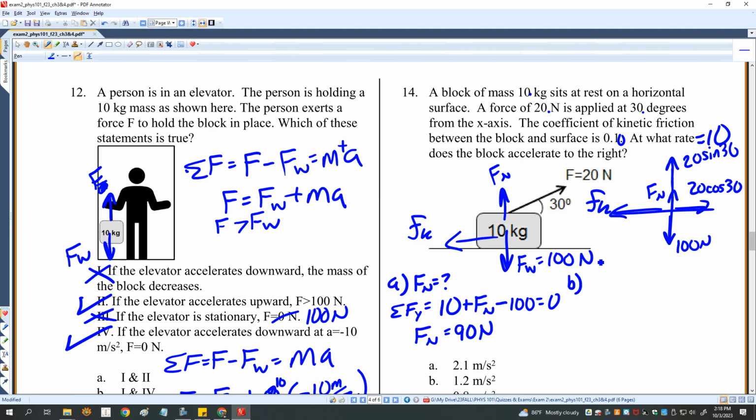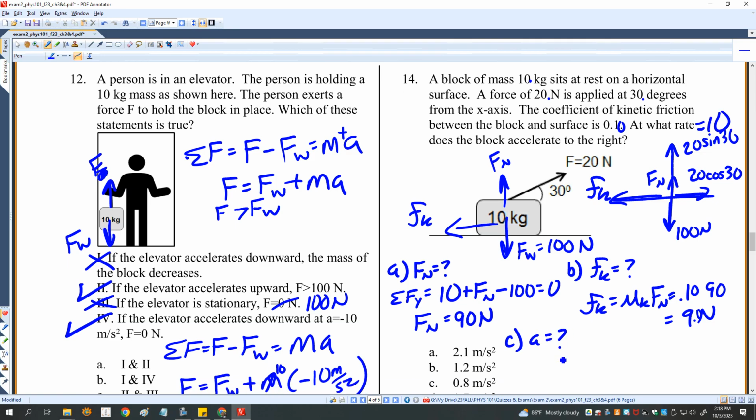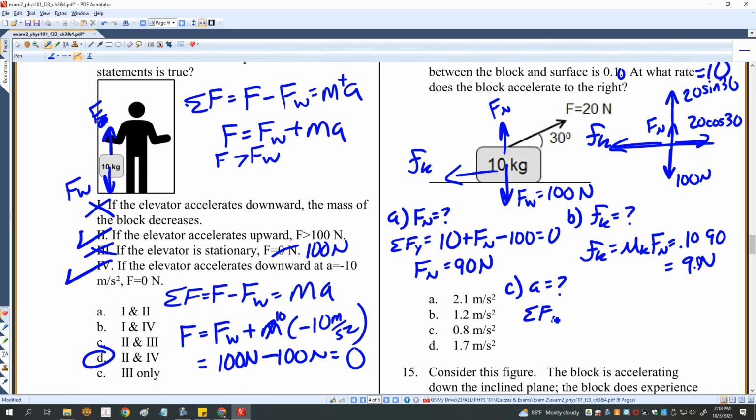Part B, find Fk. I know that Fk is equal to mu k times the normal force. That is 0.1 times 90, or 9 newtons, 9.0 newtons. That is Fk. Now for part C, find the acceleration. I do the sum of the forces in the x.